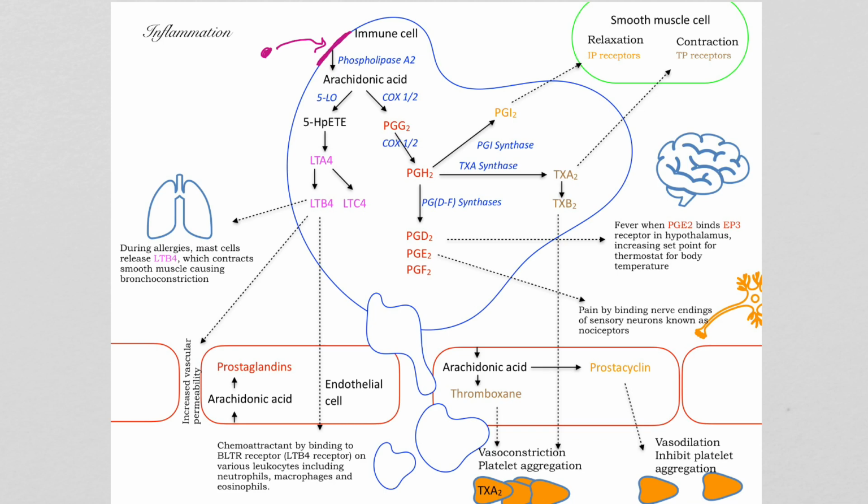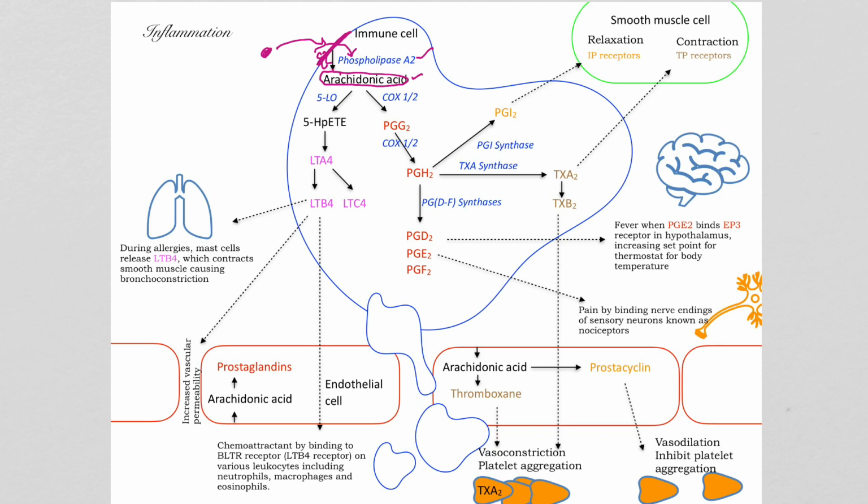So that stimulation can cause the enzyme phospholipase A2 to break off that arachidonic acid, which is part of the cell membrane, part of the amphiphilic lipid. So that releases the arachidonic acid through the breakage by phospholipase A2.